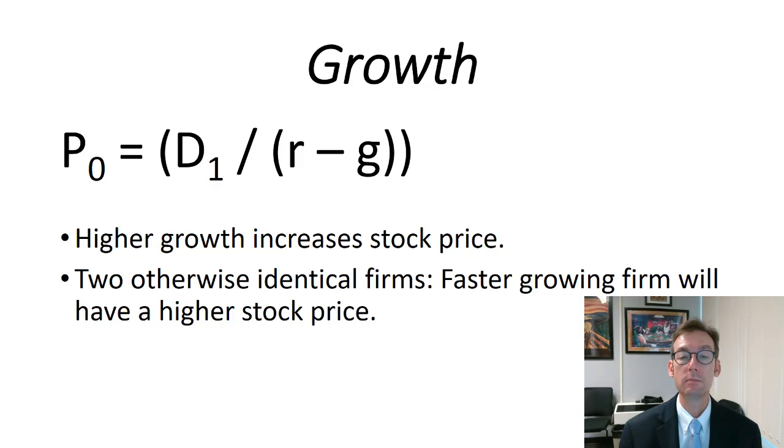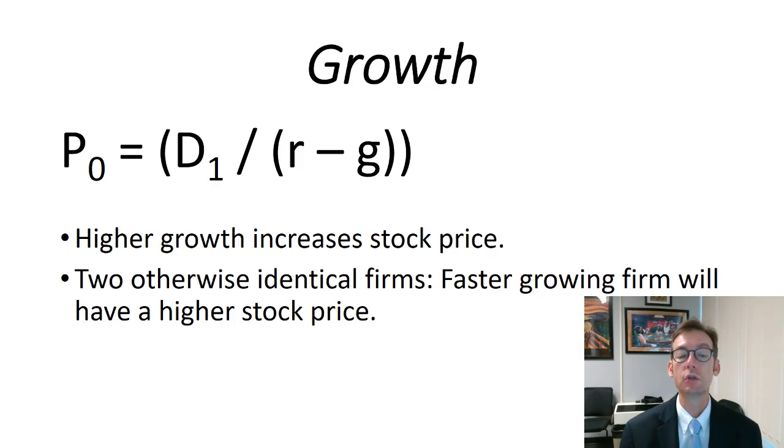So let's talk about the impact of growth. Because you're dividing by R minus G, as G gets larger, the thing on the bottom gets smaller, and as you divide by a smaller number, you get a higher number. And so greater G means an increase in price.